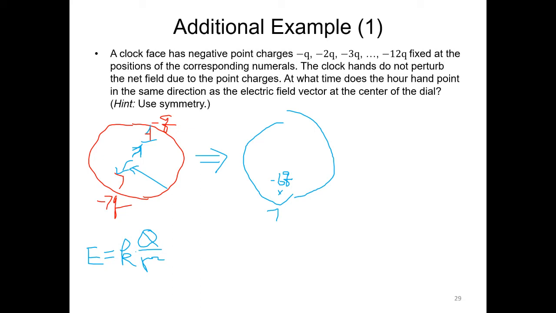So we have the number 8, we have -6Q, and for 9, -6Q, for 10, -6Q, 11, -6Q, 12 also -6Q. So we only have -6Q on this 1, 2, 3, 4, 5, 6 number.